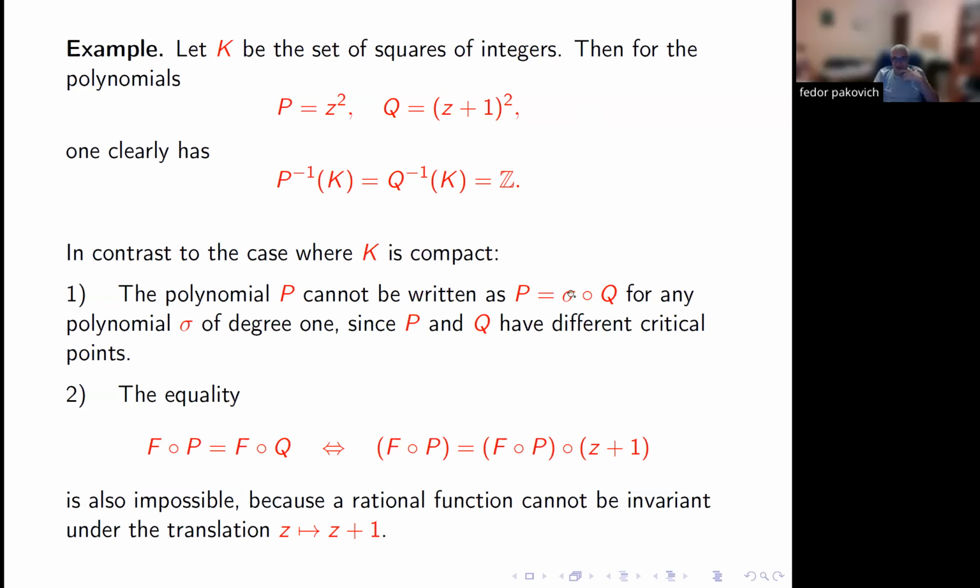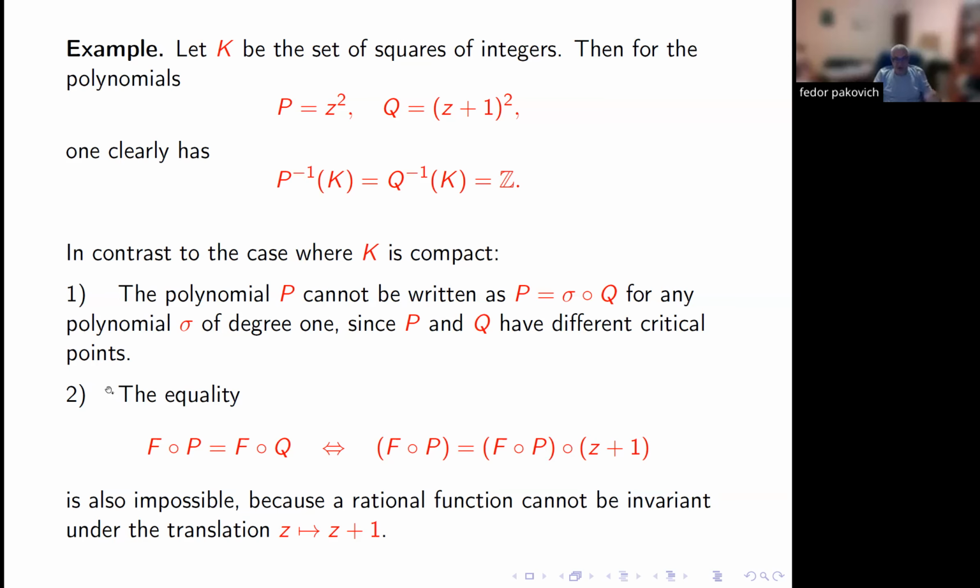And by composing them from the left by some other polynomial of degree 1, you cannot change these critical points. You can change critical values, but not critical points. So you see that it's different from this point of view.